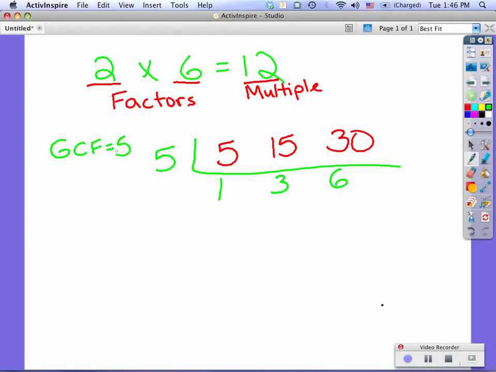Because in order to be a factor, that number has to go into one number. No. 2 numbers? No. 3 numbers? Yes. In order to be a factor, it has to go into all numbers.